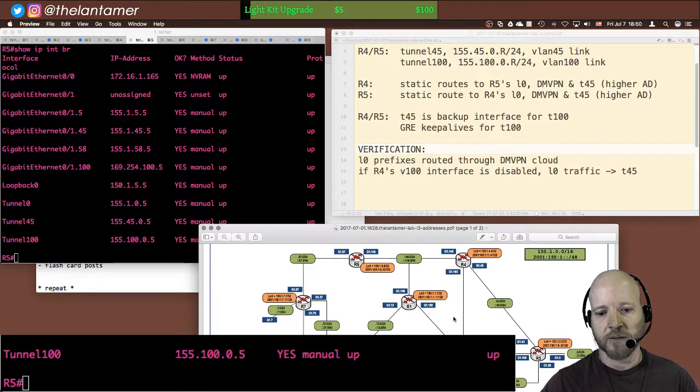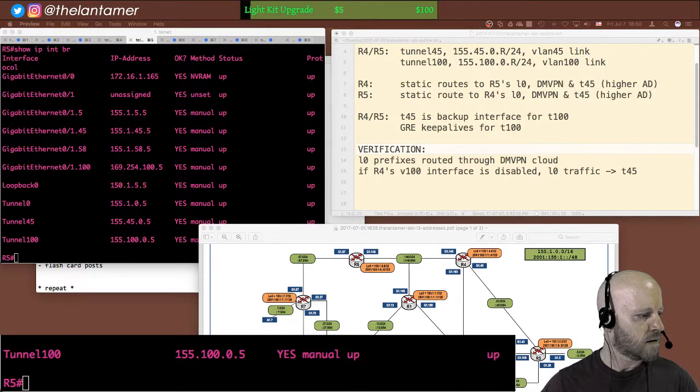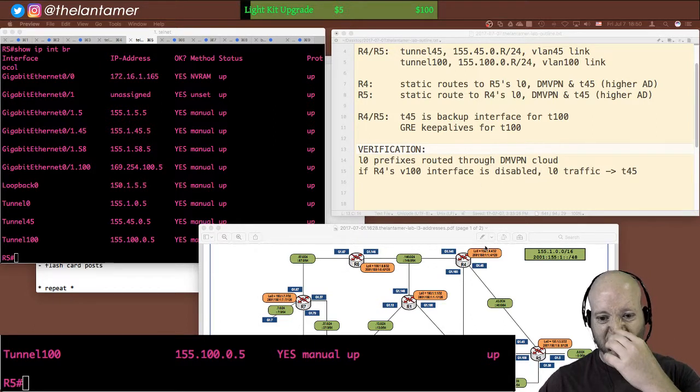So we have on this cloud, we have physical interface. Okay, I see what the issue is.